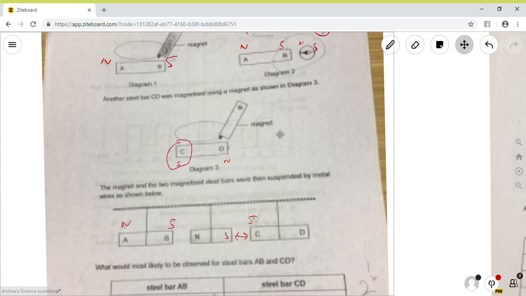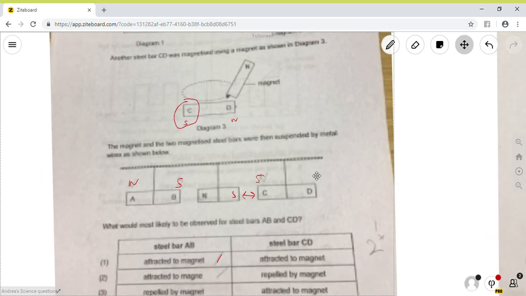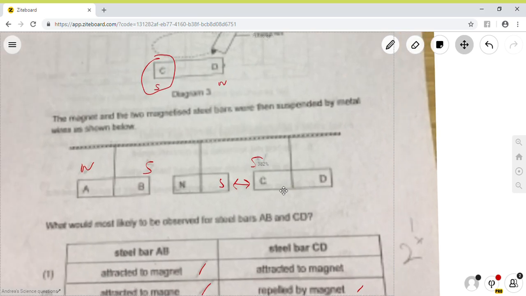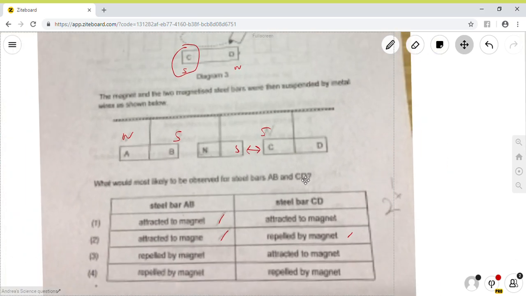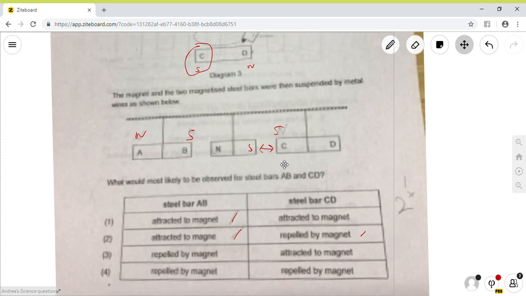North, south. But this should be south, right? Why is it? Which one? Yeah, here it should be south, right?